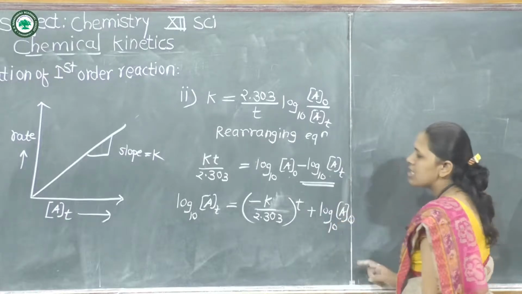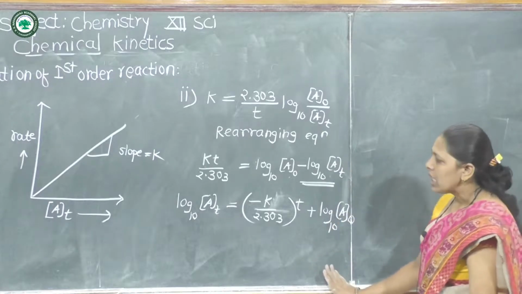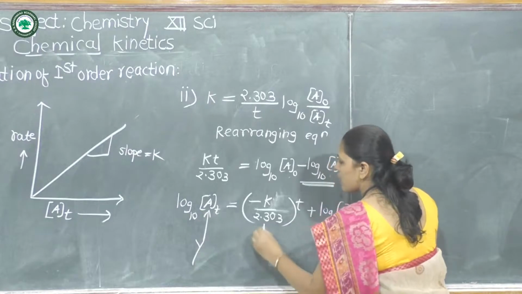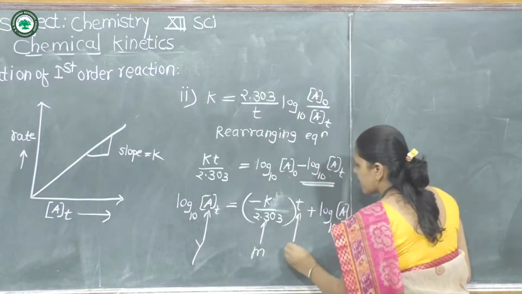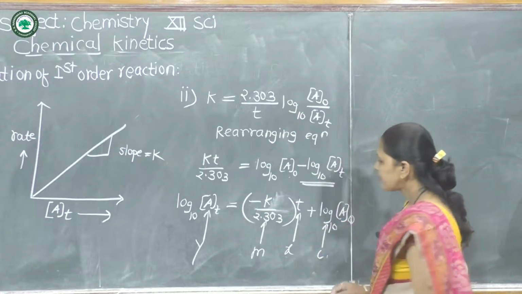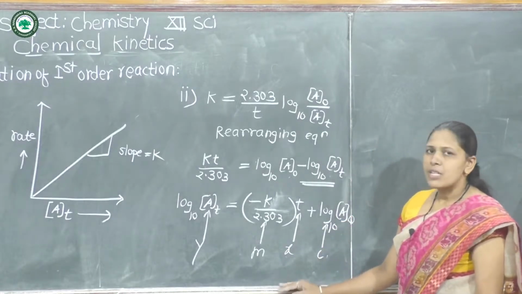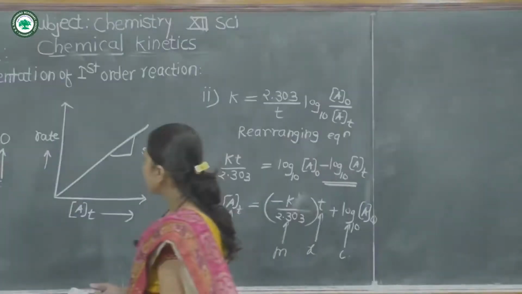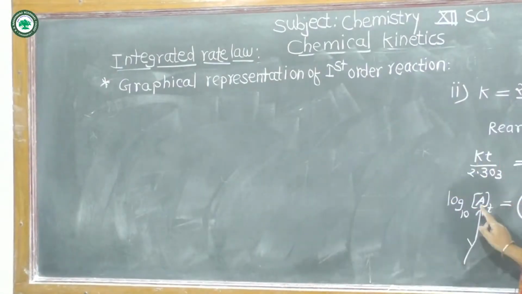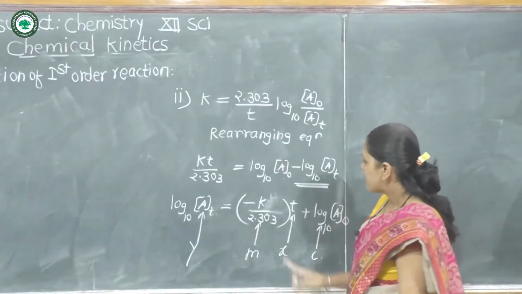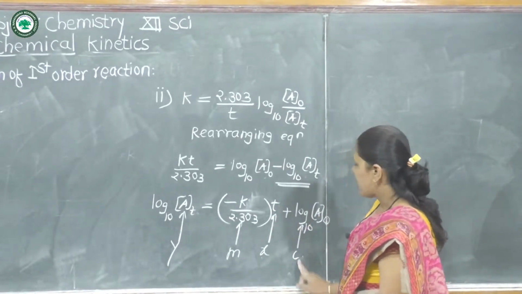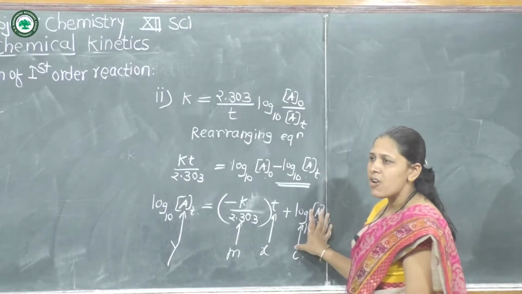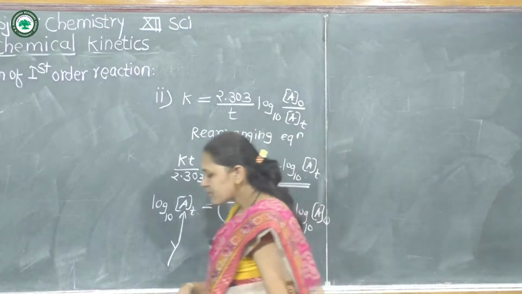This equation is also in the form of a straight line equation, y is equal to mx plus c. By plotting a graph of log to the base 10 At on the y-axis and time on the x-axis, here the intercept has some value, therefore the graph does not pass through the origin.